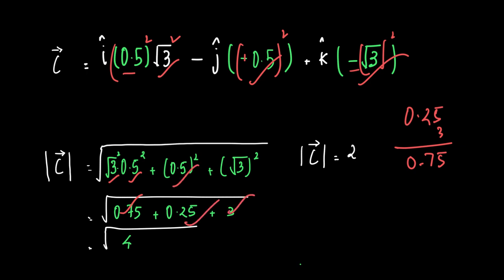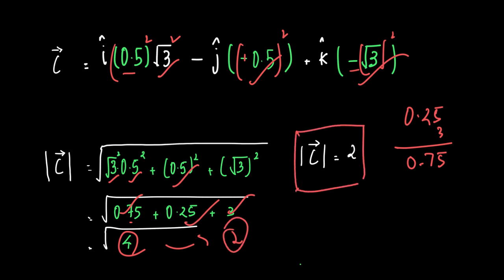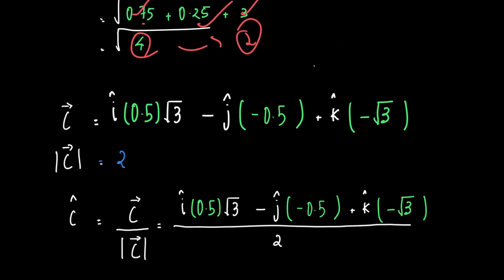Root 3 square is 3. 0.75 plus 0.25 is 1. 1 plus 3 is 4. Root of 4 is equal to 2. So magnitude of vector C is equal to 2. This is where root 3 and these complex values make sense, because the magnitude of C is an integer, 2. The beauty of the numerical part of the question.